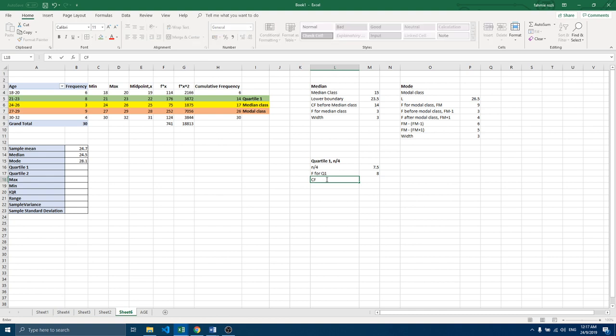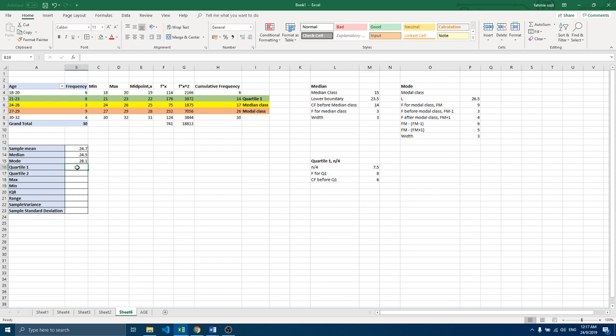CF is cumulative frequency before quartile 1, which is 6. Cumulative frequency before quartile 1 is 6. Alright, so now go back to this quartile 1.